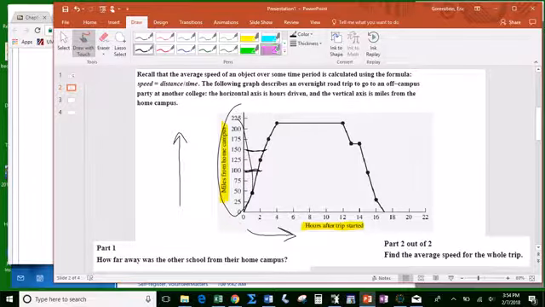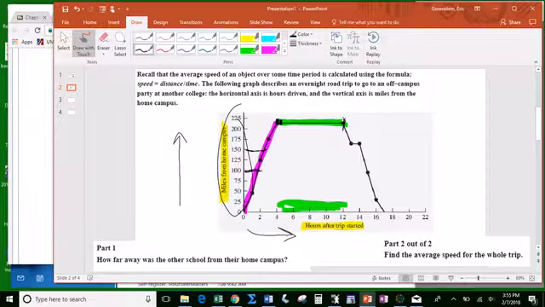So this portion of the graph, I'll use the pink here, is driving to the campus. And then let's switch to green. There's no vertical change here. So at this green portion, your car is parked in the parking lot. It's not moving. For this amount of time down here, you're at campus.